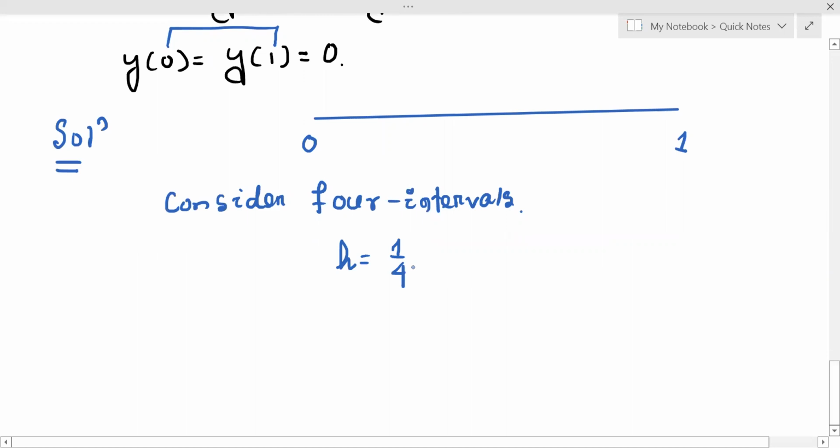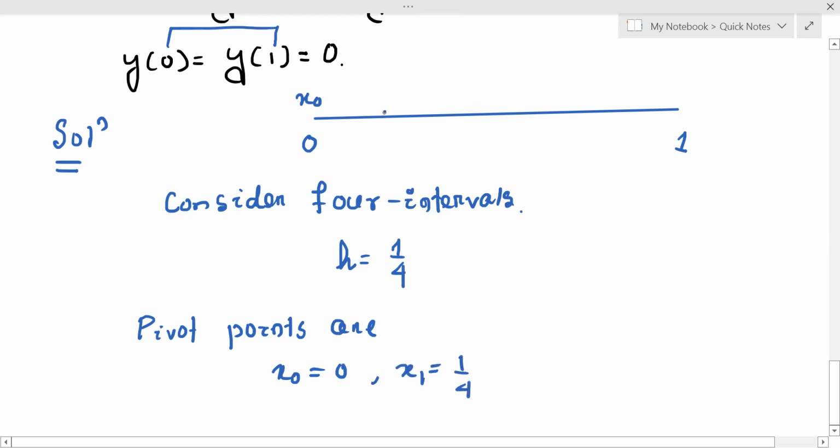And the pivot points are: x0, the starting point, is 0. x0 plus h is x1, that is 1 by 4.